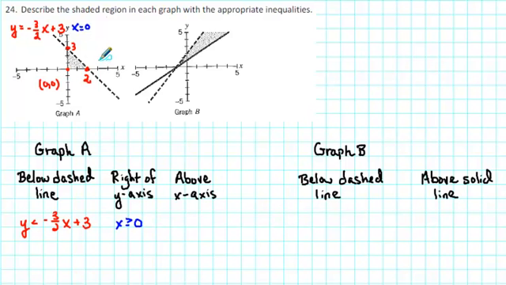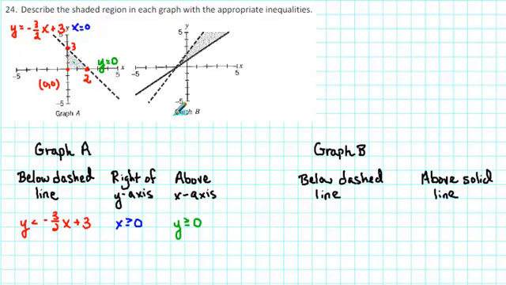So the equation is simply y is equal to 0. But the points in our shaded region have y-coordinates that are positive, so our inequality will be y is greater than or equal to 0. So these three inequalities together describe the shaded region in graph A.